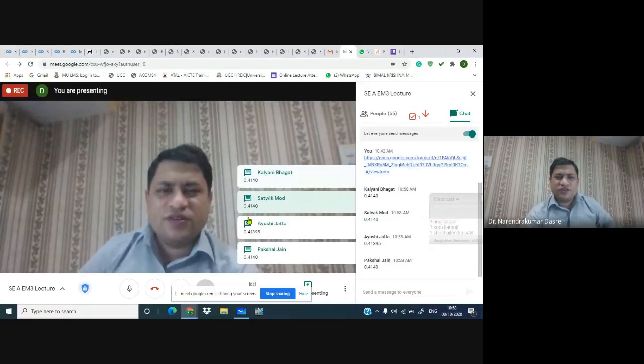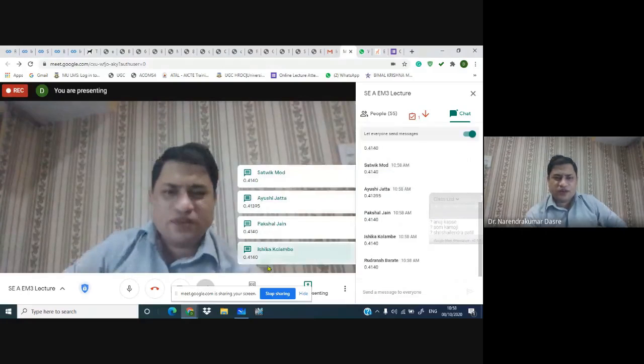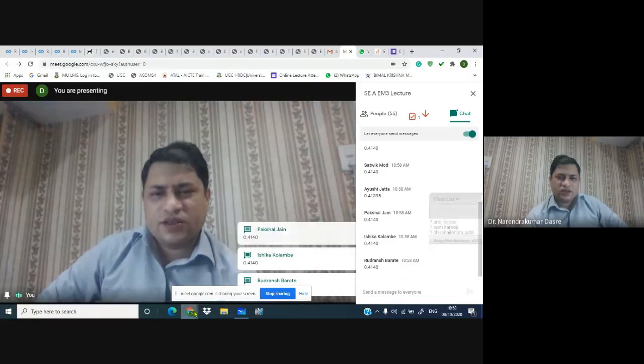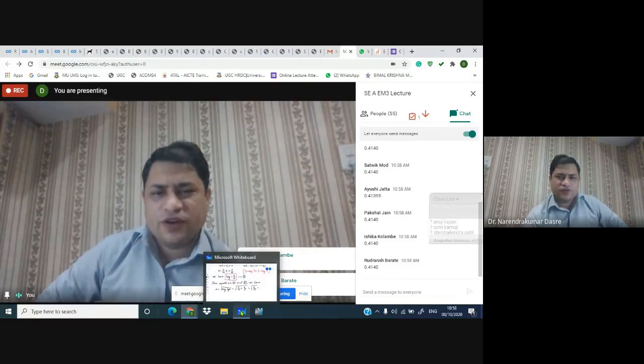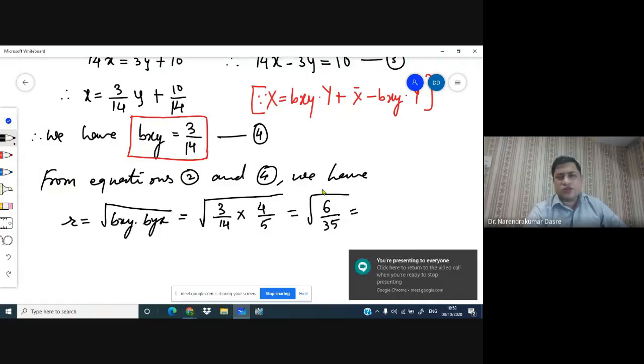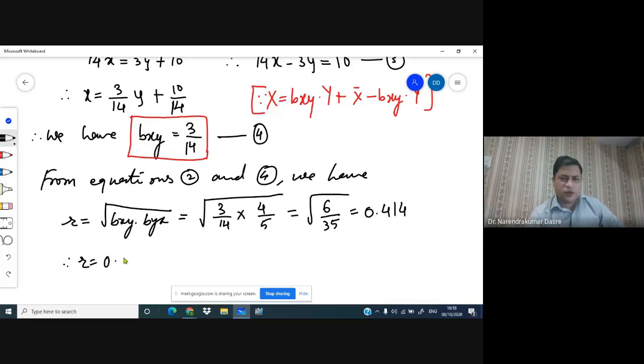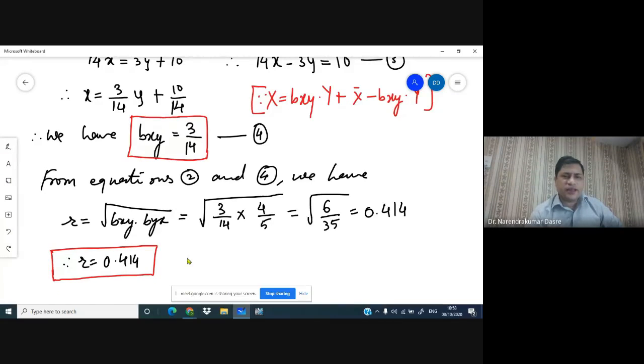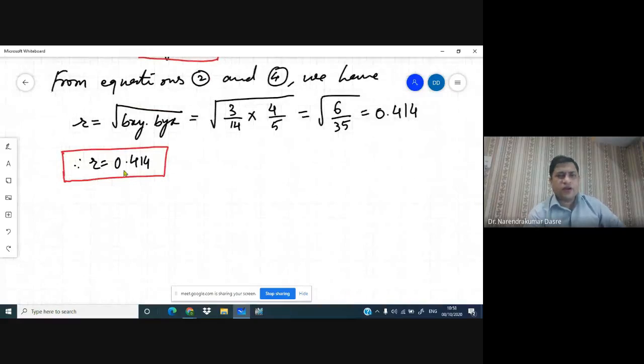That's good. So you got the value 0.414, and hence R is equal to 0.414. So out of our three things to find, we got one of them.